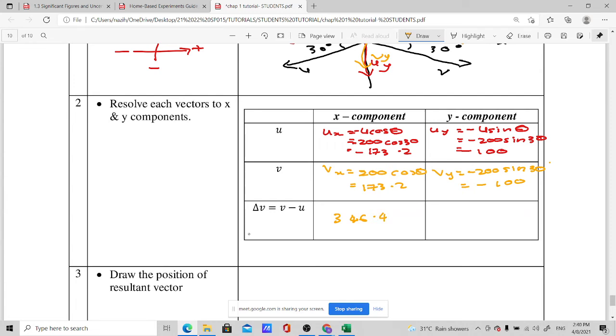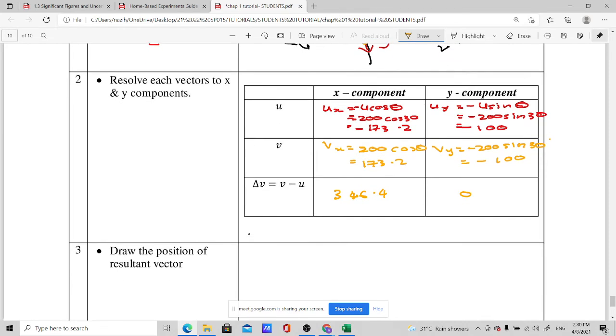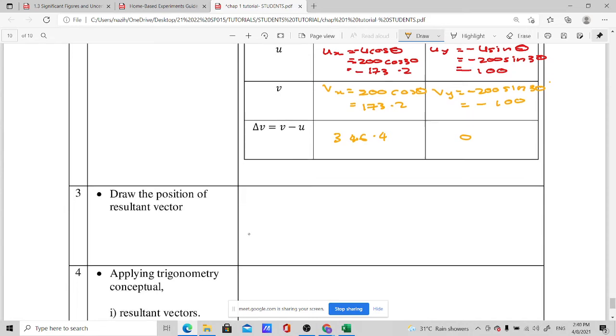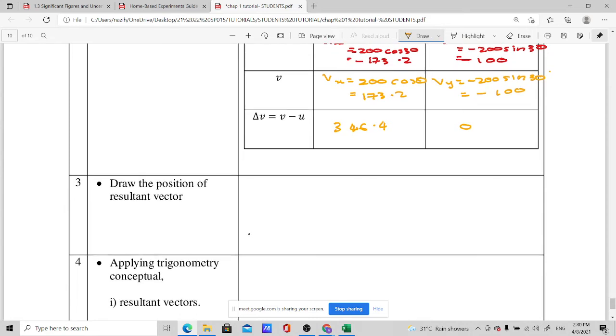And for this one, negative 100 minus negative 100, so you would get 0. Any questions so far? No, ma'am. Okay, very good.